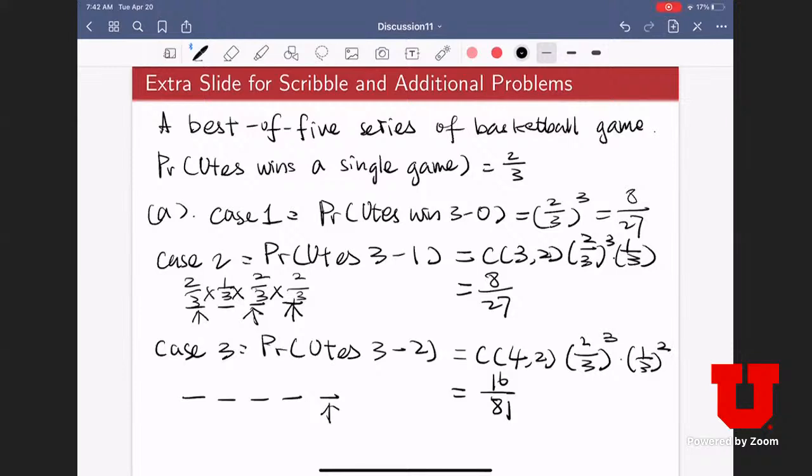Cool, thanks. Yeah, and similar for case 3, you're guaranteed to have the last game. You have to win the last game, and it's similar for the other 4, where you want to pick these 2, and then you're going to lose the other 2.